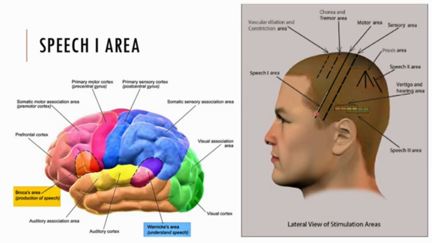This area corresponds to Broca's area of the frontal lobe, which controls the muscles of the tongue and mouth that form speech. Speech 1 area overlaps the lower 2/5 of the motor area.